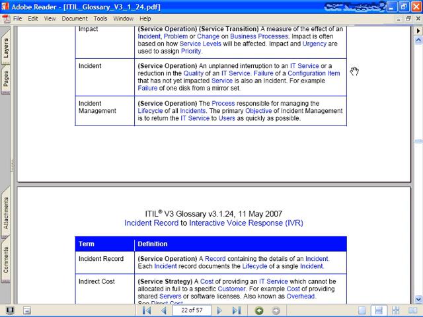Now, incident management is the process that's responsible for managing the life cycle of all of your incidents. The main goal of incident management is to return the IT service to users as quickly as possible with as little impact on the organization as possible. So again, don't forget about this ITIL Glossary version 3.